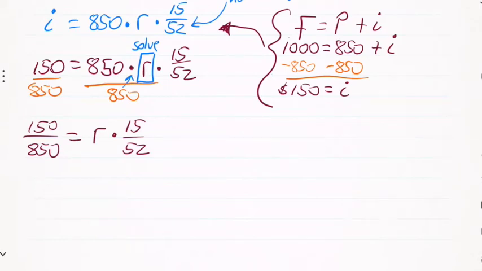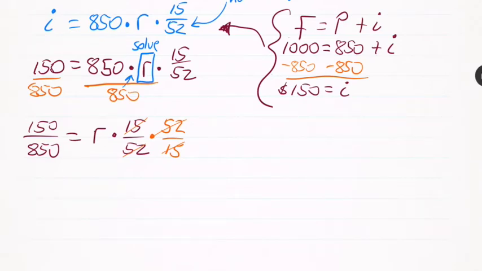To undo both of those operations really quickly, I'm going to multiply this side by 52 over 15. So the 15, instead of being multiplied, now is divided. The 52, instead of dividing, is now multiplied, and they'll cancel each other out rather nicely. They're also known as multiplicative reciprocals if you want fancy language.